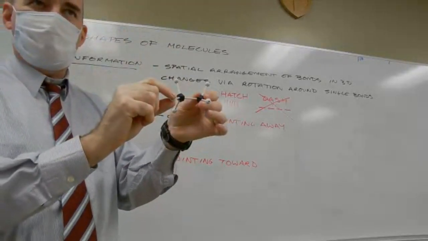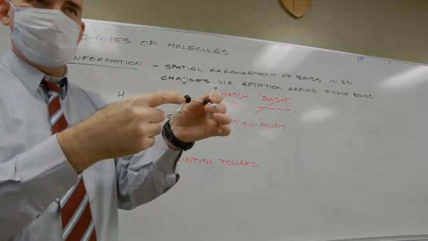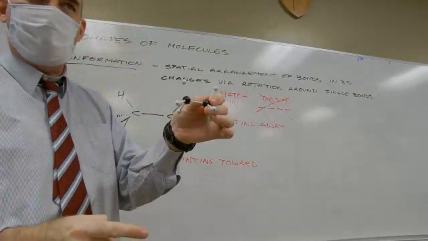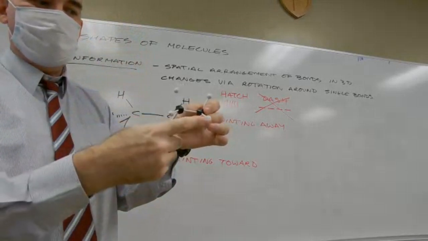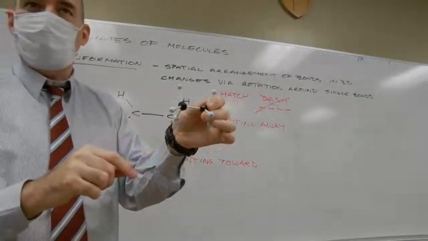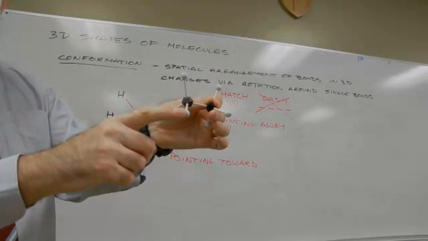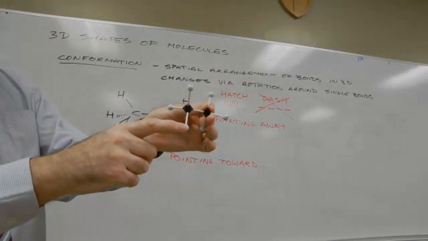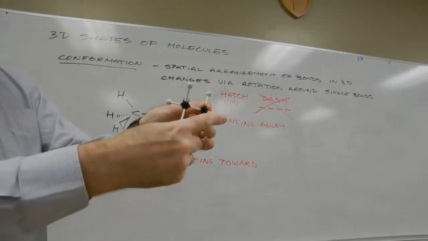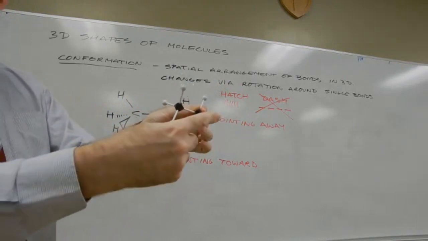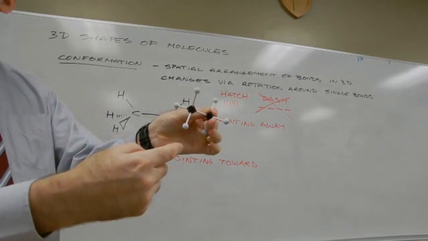At any point during the rotation, if I make this distance be larger, then my energy will drop. That distance right here is as close as they're ever going to be. And as I rotate, that distance is now as far as it's ever going to be.